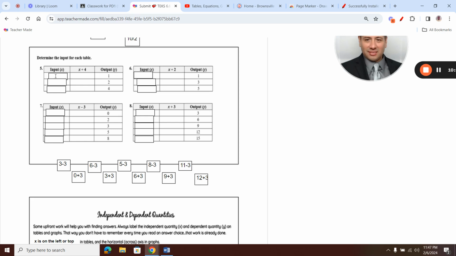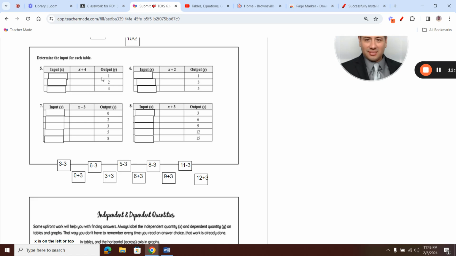Basically, we have to do the inverse. So if I want to go from 1, it says x divided by 4 is the relationship, right? But we don't know what the x is. So I'm going to go reverse.